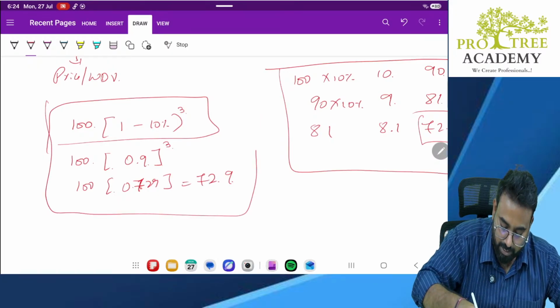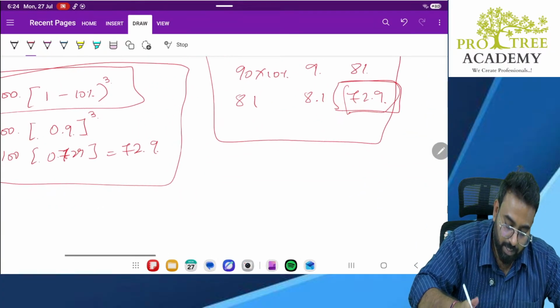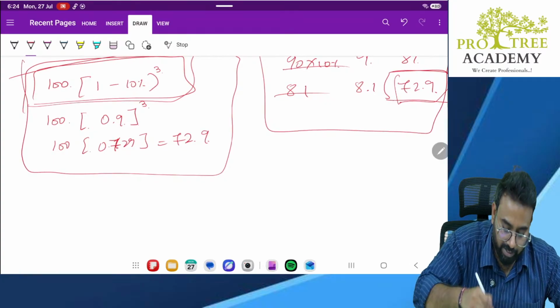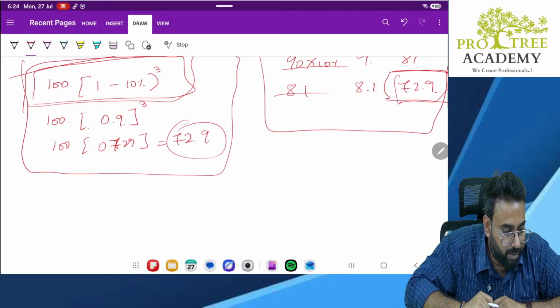With just this formula, we are getting the same figure. Am I right? Instead of going in detail step by step, I can just use this shortcut and find out the WDV. Yes, everybody is following me.